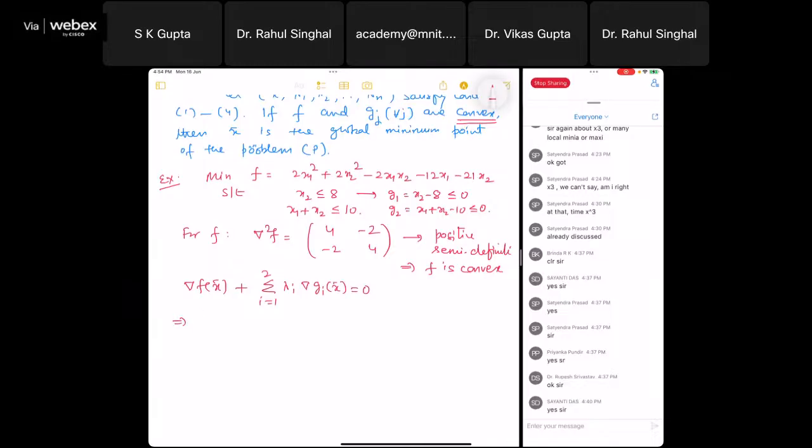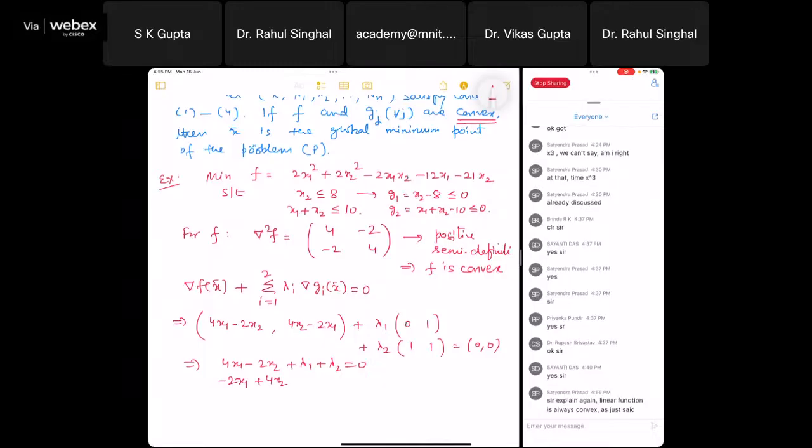This means it is 4x1 minus 2x2, then it is 4x2 minus 2x1, plus lambda 1 times the gradient of g1, which is 0, 1, right? And the gradient of g2 is what? 1, 1. And this should be 0, 0. So this gives you what? 4x1 minus 2x2 plus lambda 1 plus lambda 2 should be 0. And the next one is minus 2x1 plus 4x2, right?